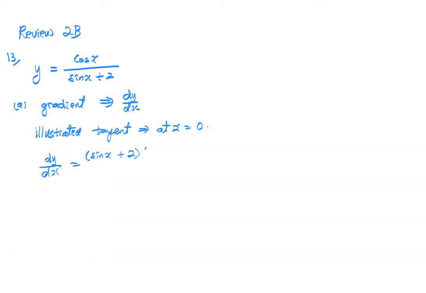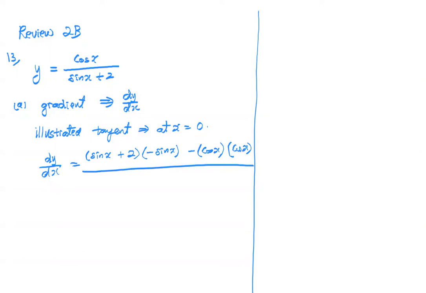Sin x plus 2, differentiate cos x, you get negative sin x. Take away, differentiate cos x, cos x, differentiate sin x, you get cos x, divided by sin x plus 2 squared.